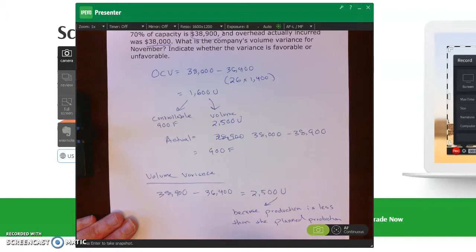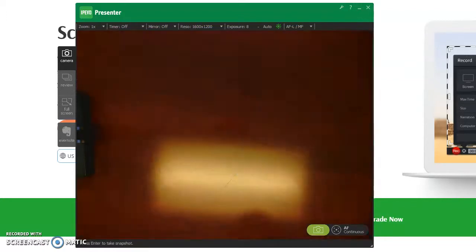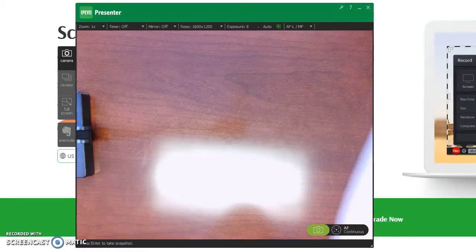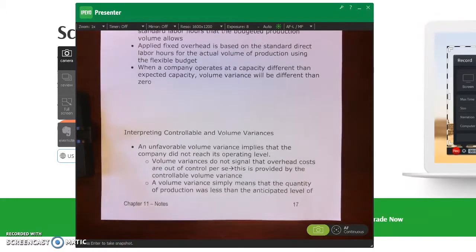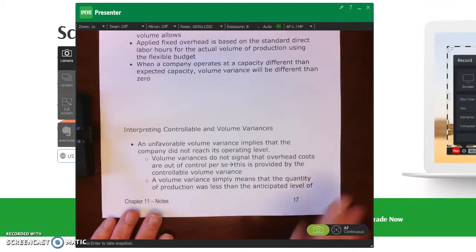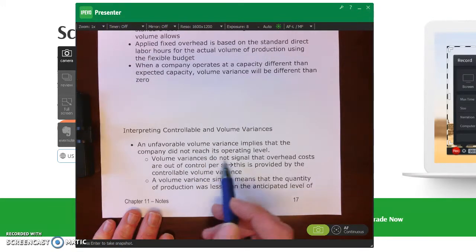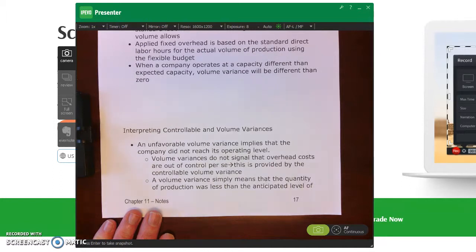Okay? So continuing on with page 17, when we talk about interpreting the controllable and then the volume variances, an unfavorable volume variance basically means that the company did not reach its desired operating level. So in the problem we just looked at, they operated at 70% capacity where they planned for 80% capacity.